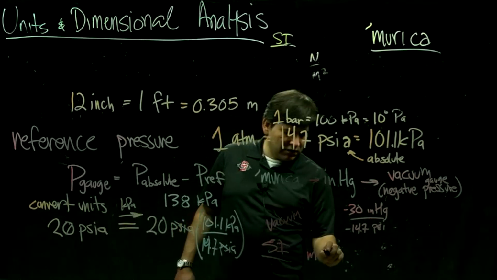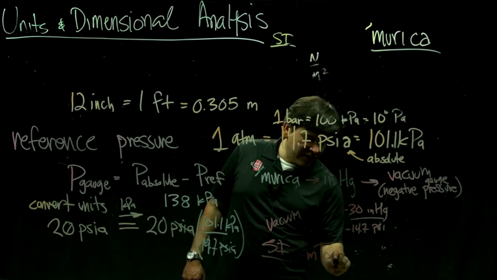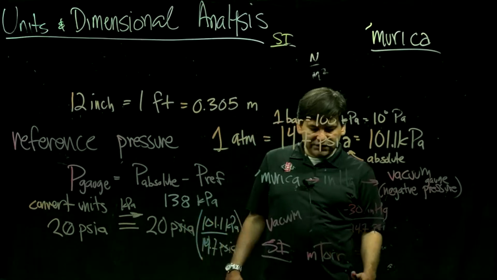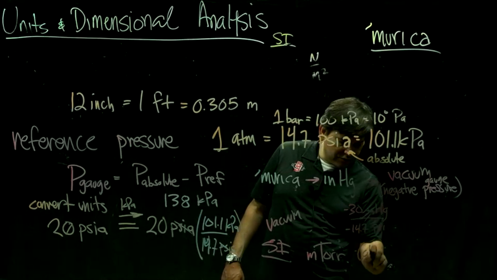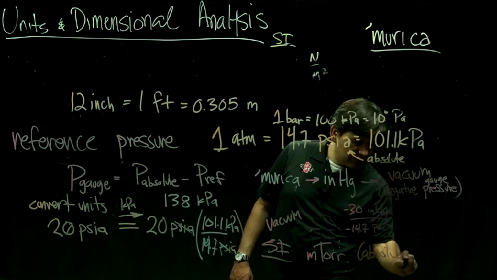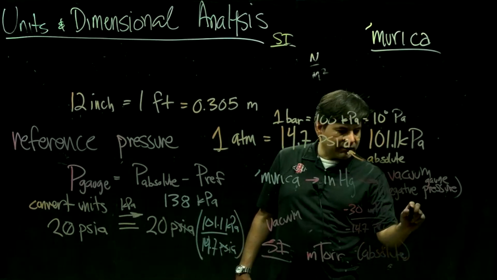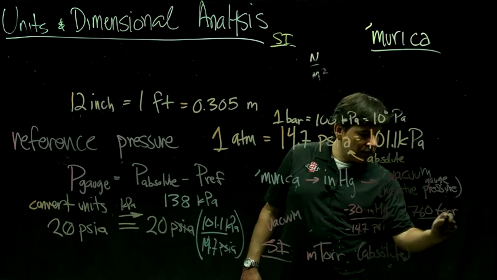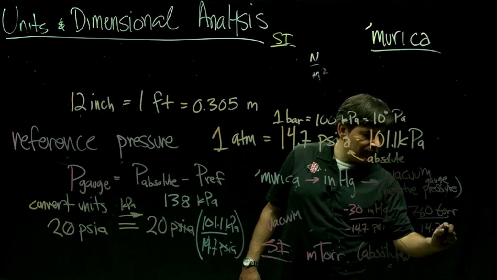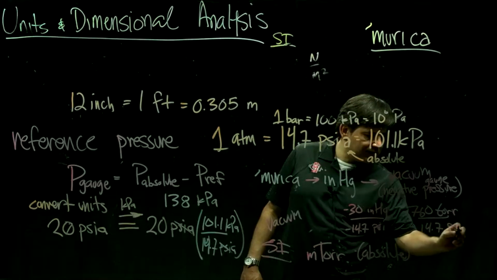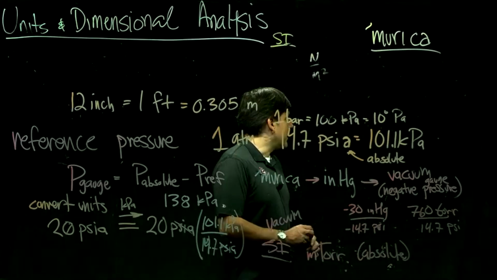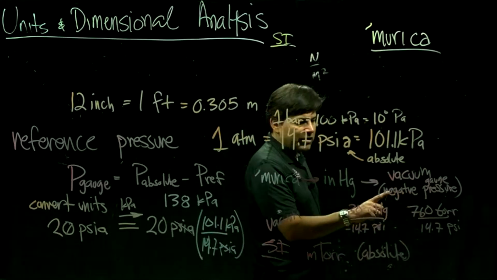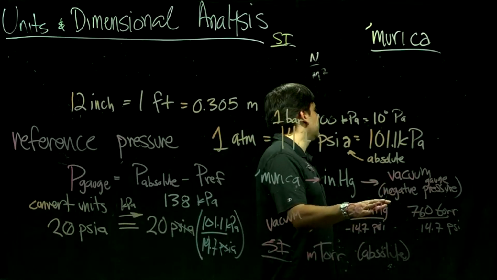Continuing with vacuum, a common unit for that is the millitorr, where, so this is absolute, there's about 760 torr per 14.7 psi. And that comes from millimeters of mercury, actually. 1 torr is 1 millimeter of mercury.